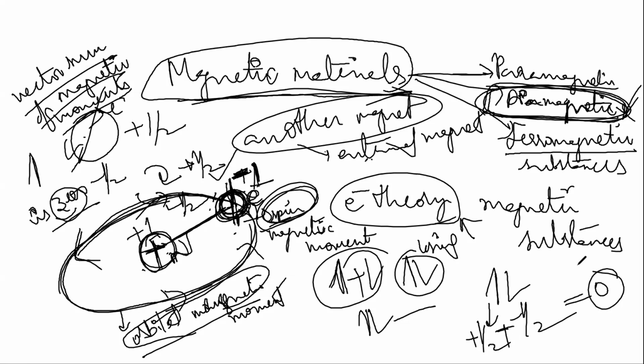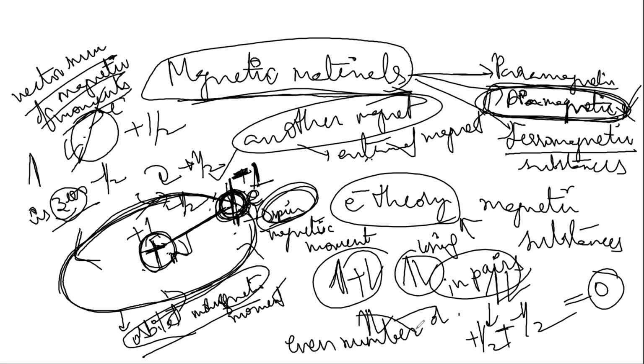Hence, we can observe this diamagnetism in atoms or molecules whose total number of electrons is even, or in pairs. So in such substances, we see the property of diamagnetism.